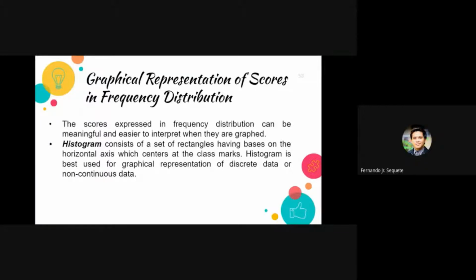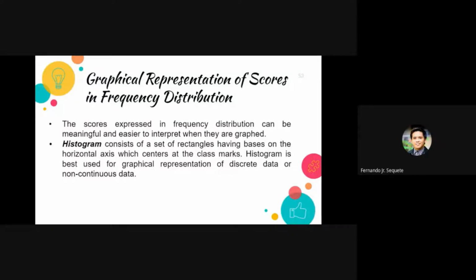I believe you understand the words rectangle and base. When we say base, it's the one at the bottom. The bases are on the horizontal axis, centered at the class marks. Class marks is also known as the midpoint. So histogram is best used for graphical representation of discrete data or non-continuous data.